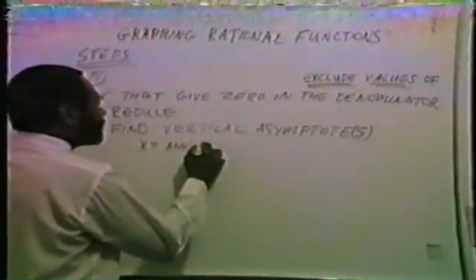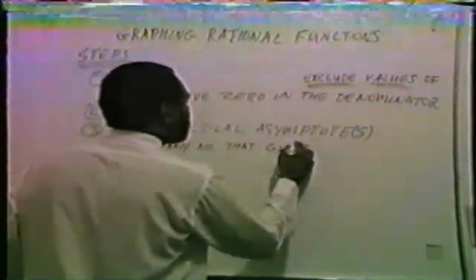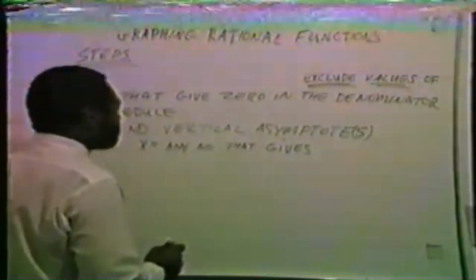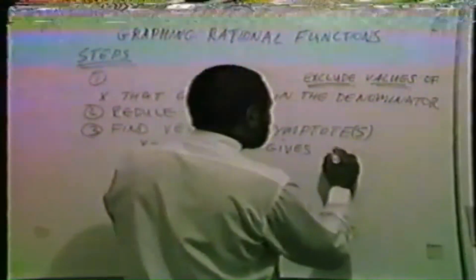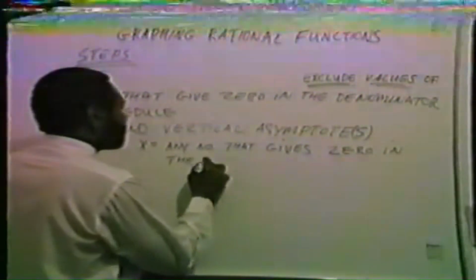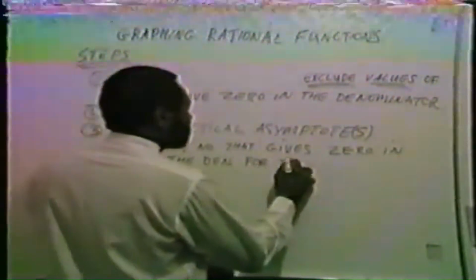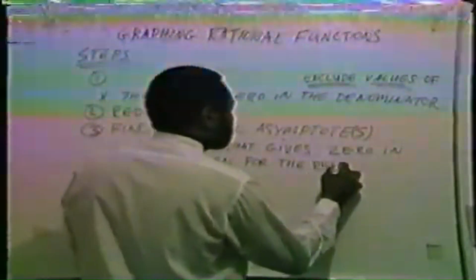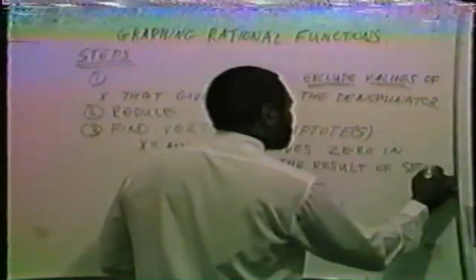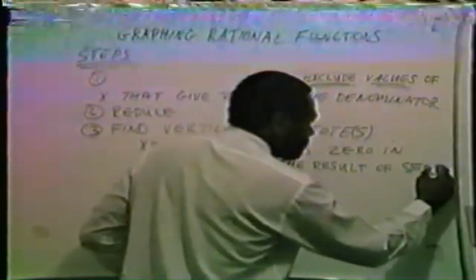Any number that gives 0 in the denominator, DEN for short, of the result of step 2.